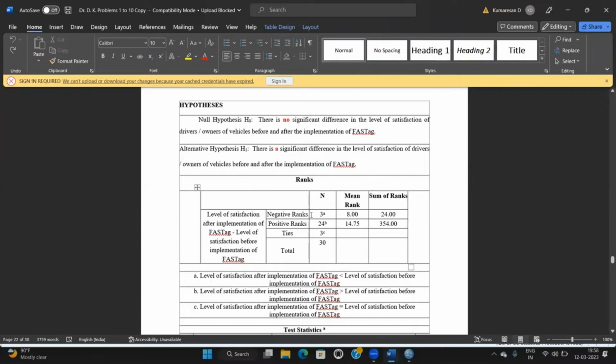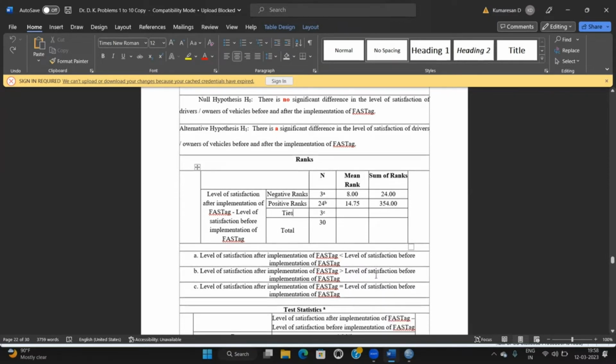Rather, we have to check this, because earlier it was not given like this. Here we have negative ranks, positive ranks, and tied ranks. What do you mean by negative rank? The level of satisfaction after implementation of FASTag is less than the level of satisfaction before implementation. It is negative.